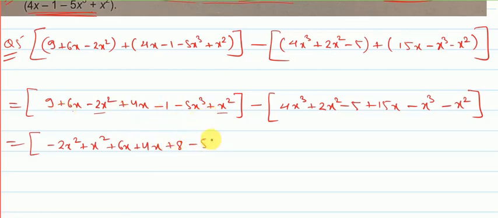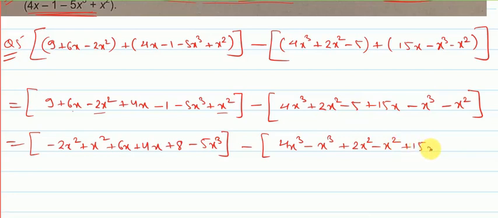Leave this as it is. Now you get 4x cube. Here x cube is there, so minus x cube. Here x square, here also x square, so you get plus 2x square minus x square.